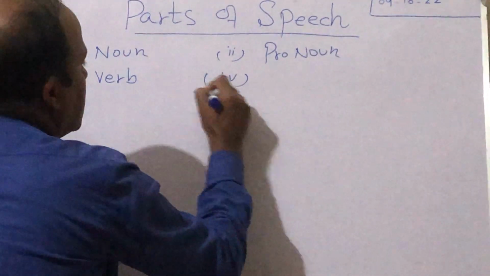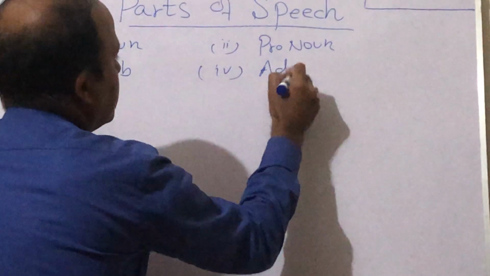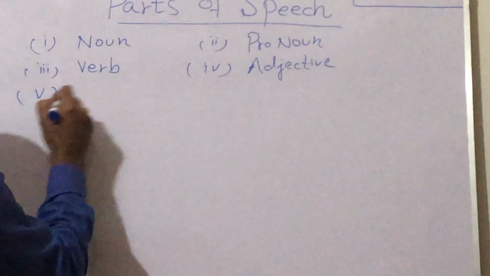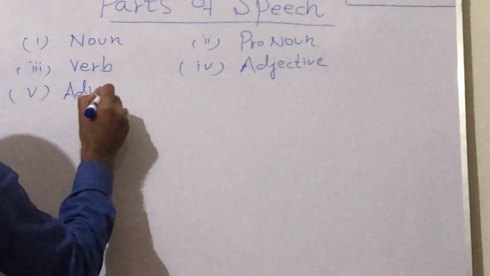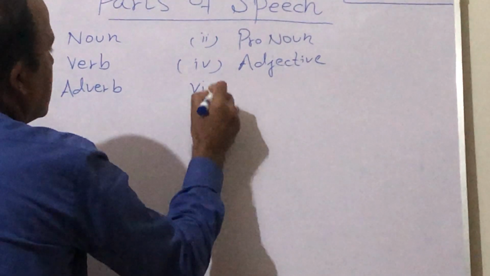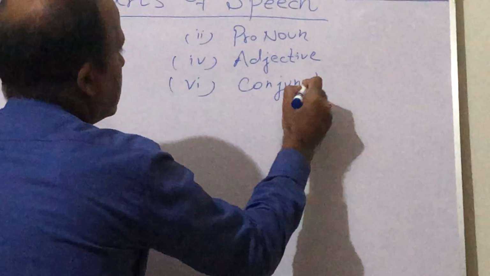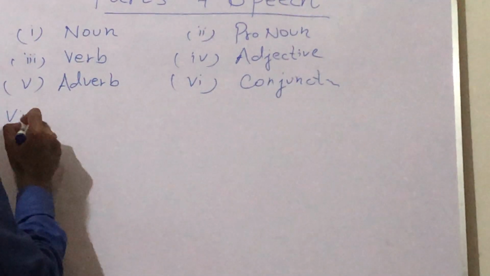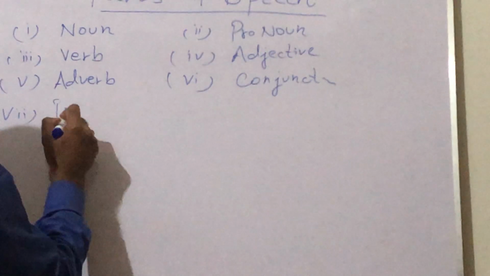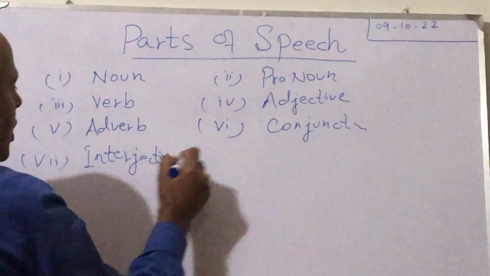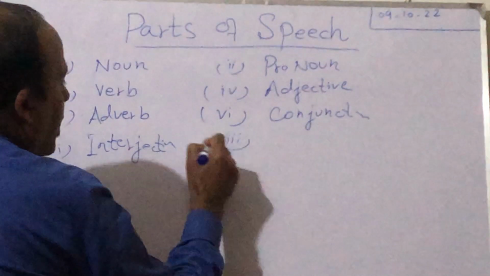Fourth is adjective. Fifth is adverb. Sixth is conjunction. Seventh is interjection. And eighth is preposition.